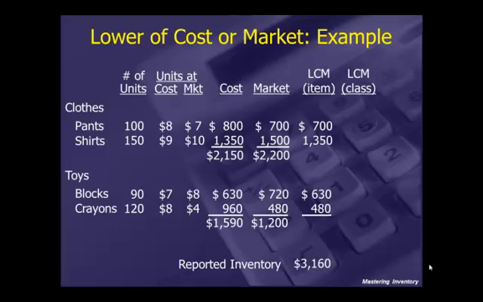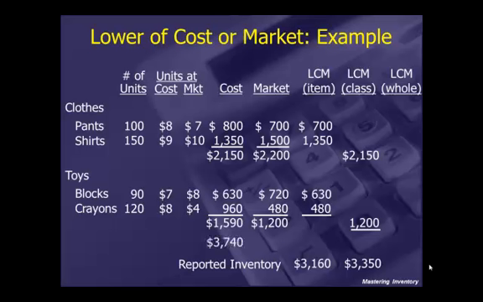So for clothes, $2,150 or $2,200, which one's lower? $2,150. For toys, $1,590 or $1,200, $1,200. And the reported inventory by class or by group would be $3,350.